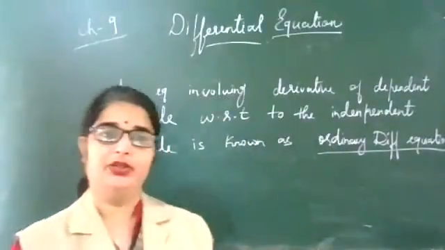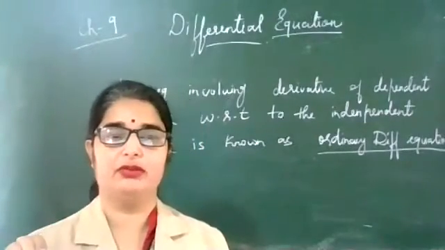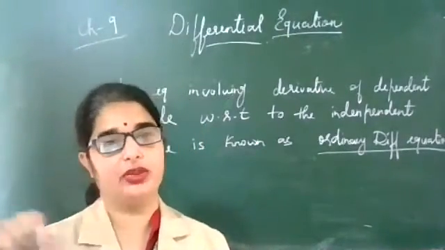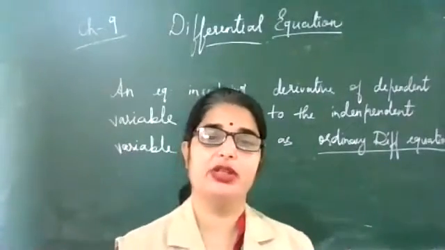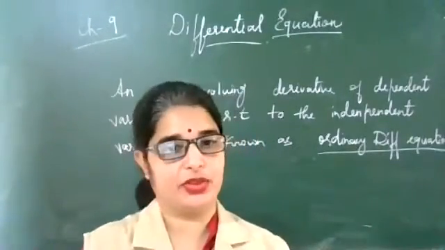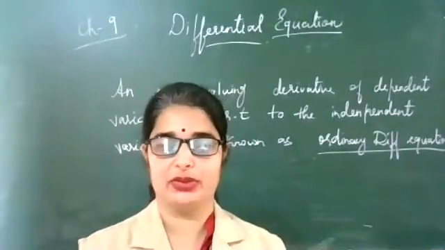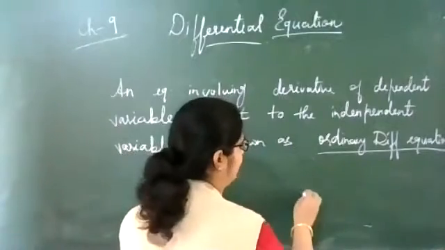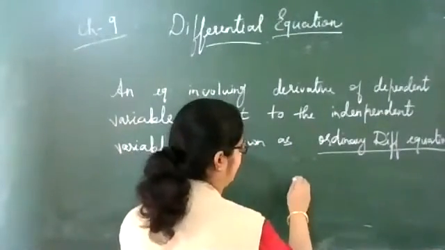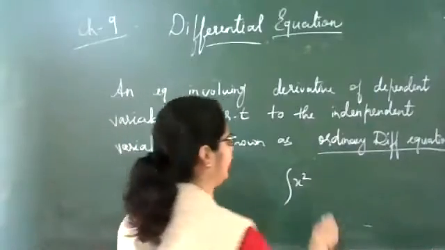Now you know that when you studied any equation, like a quadratic equation, you also studied their solutions. Same way in this chapter, we'll study their general solution and their particular solution. General solution means it can have multiple solutions. When you do any integration, suppose you integrate x square, what you get?